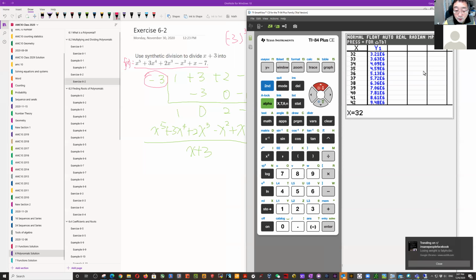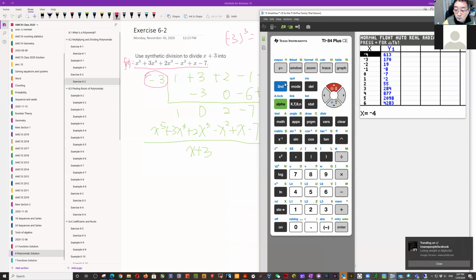So this f(-3), y1 equals negative 170. Let me see.